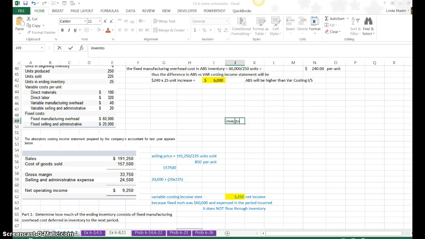When inventory level does not change, then your absorption costing net income will equal your variable costing net income, NI, net income.